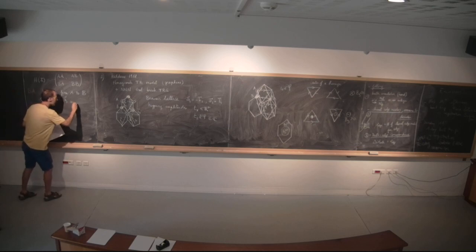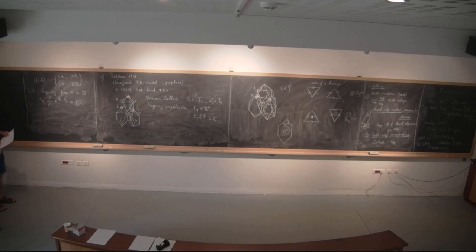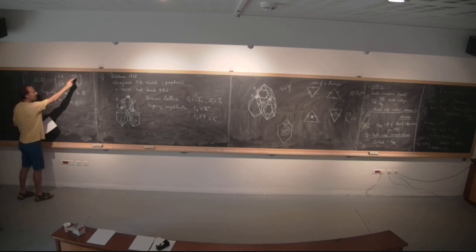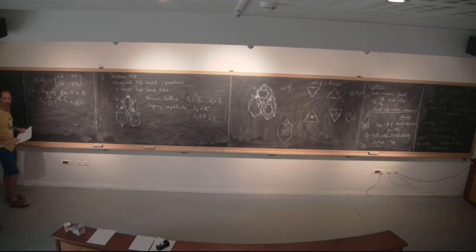This is sometimes called a function f of k in the literature. In particular, the standard tight binding model for graphene is simply 0 here, 0 here, f here, and f star here. And that's it. So that's a simple term. So AB is simply the complex conjugate.